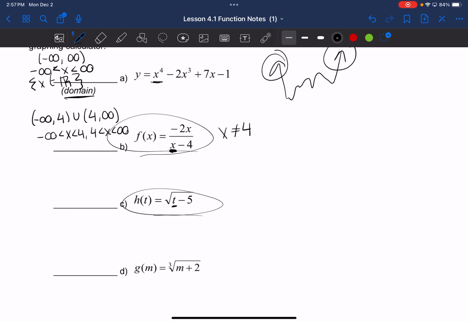What's the smallest number that I can plug in for t and not get a negative? 5, right? As soon as I plug in even 4.9, all of a sudden I would get a negative. So we would say that x has to be greater than or equal to 5, or from, that would be a bracket, 5 to infinity, right?